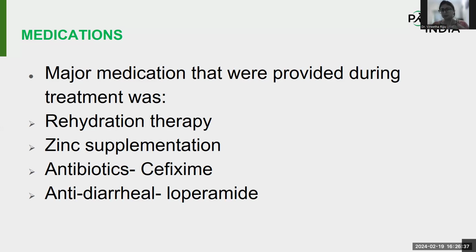Zinc supplement, definitely it is very good even for small children, helps to improve the immunity of the gut, of the intestine, makes it healthier. And with that, you should observe, and also you can give something for nausea and vomiting. Maybe ondansetron, Emeset will help at this point. If it causes some amount of constipation, that will also be good for the patient, right? So with this, you can think that okay, this is good.